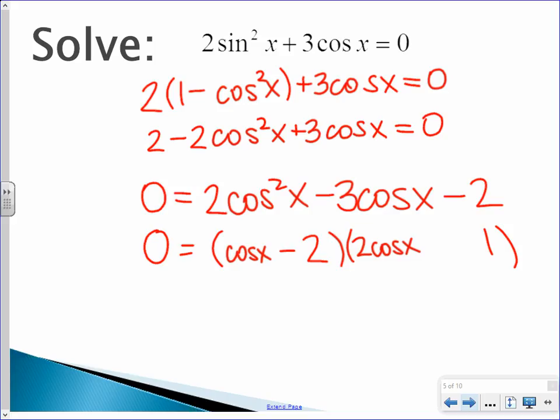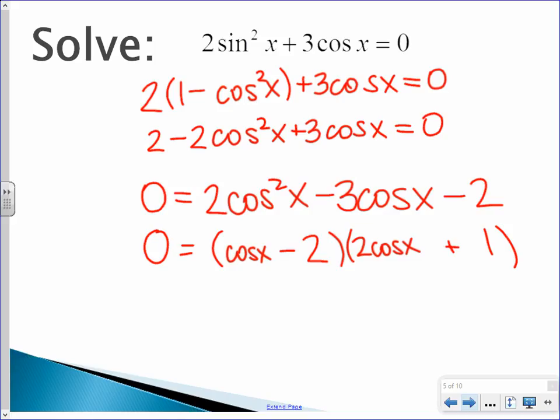So this will make a negative 4 cosine x, and this will make a positive 1 cosine x. Remember, if it helps you, go off to the margin of your paper and write 2c squared minus 3c minus 2, and factor it in terms of c's, and then come back and factor your cosine equation. Okay? I'm probably not going to do that anymore up here, but you know that you can go off to the side of your paper and do that, and that's not a problem.